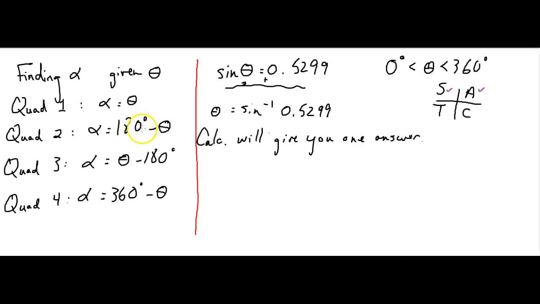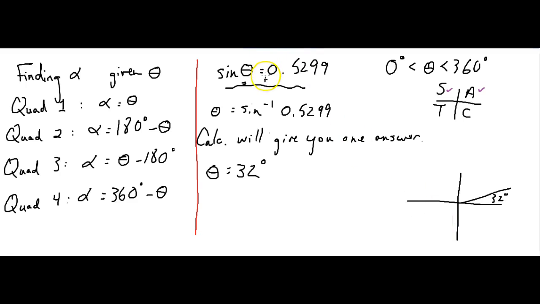You need to use the cast rule and the right equation to find the second one. Alright, so using the calculator, you punch that in, it says theta, and we'll take it to a whole number, 32 degrees. Let's draw that. Roughly there, okay? 32 degrees.